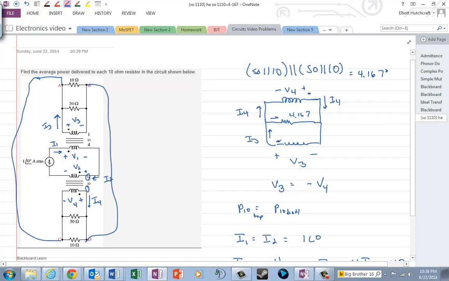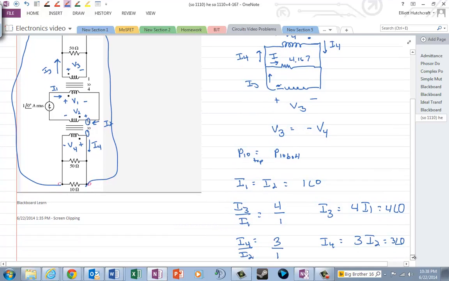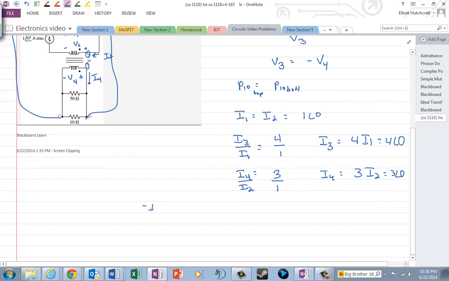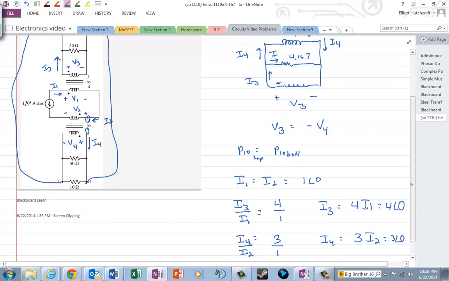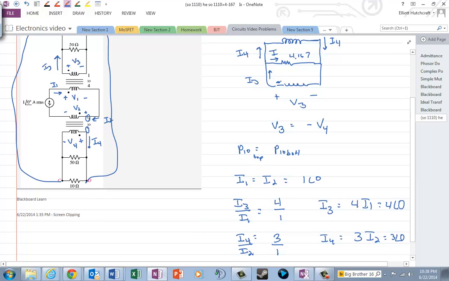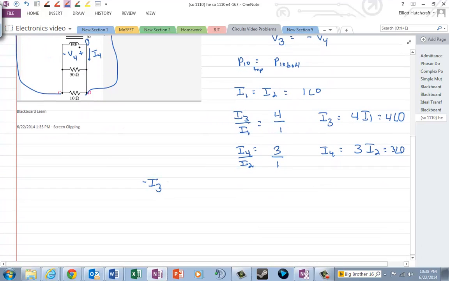So that gives me the ability to write this equation, this current in the middle branch. I can write that, well, maybe I should be careful and say minus I3, right? That's the current going into it at the top, I mean, from this node right there, it's going into it, from the one transformer, plus I4, sum up those currents, they'll be equal to 0.